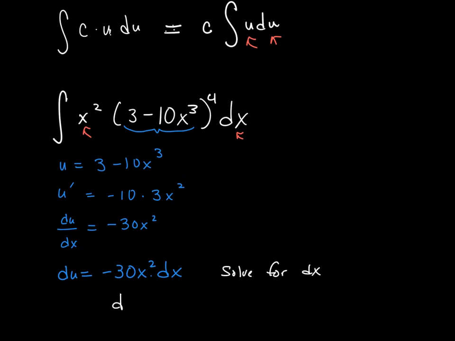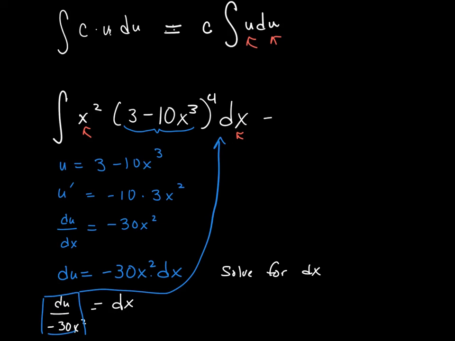If I do that, then dx is equal to du over negative 30x squared. Now I can replace it. I take whatever dx is, which is this, and replace dx with it. That gives me the integral of x squared.